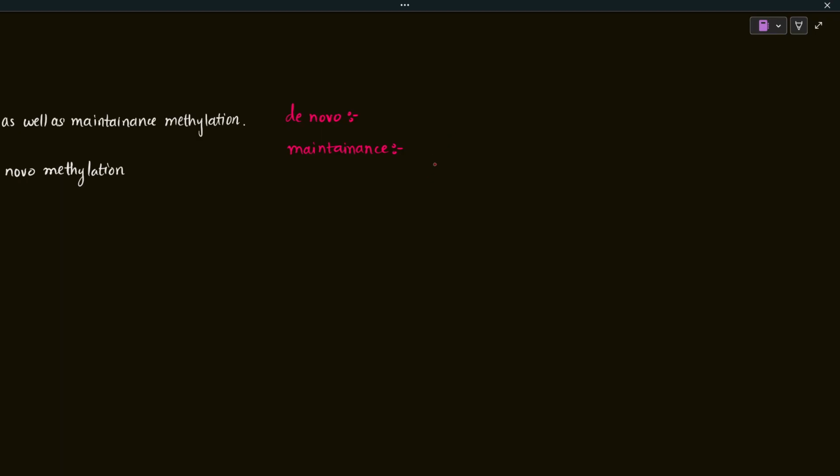So whenever a cell replicates the DNA and undergoes cell division, the methylation pattern is conserved when DNA is replicated. Okay.